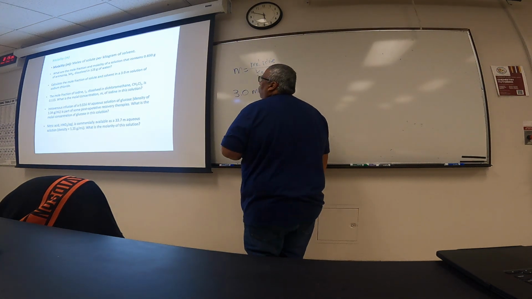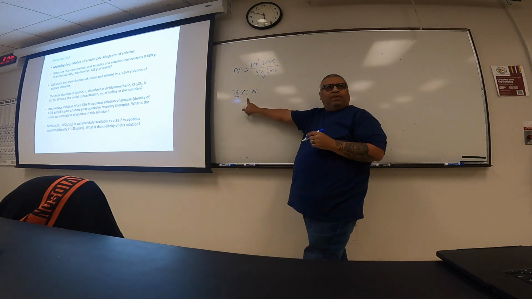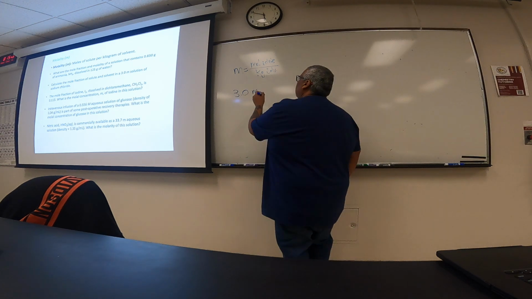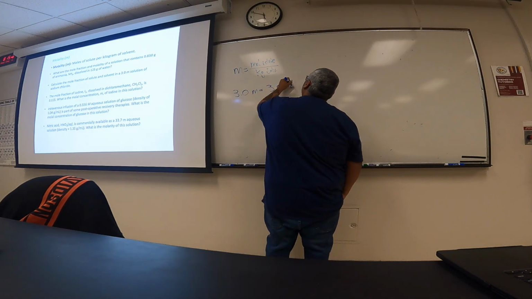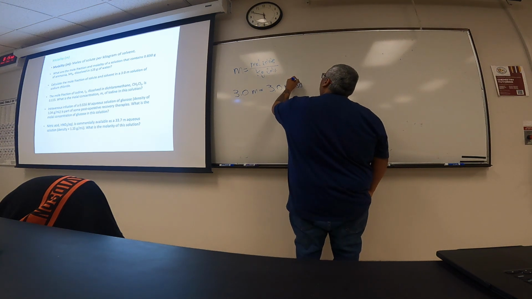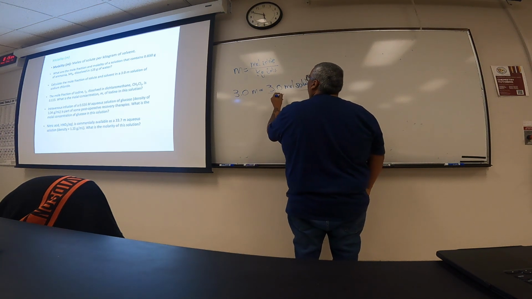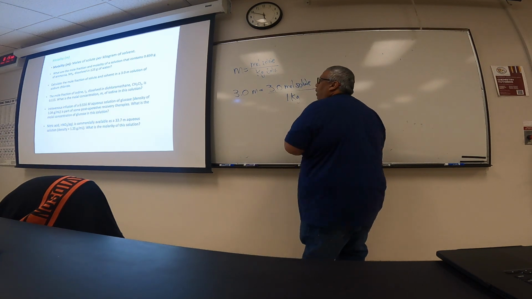So we have 3.0 molality. I'm going to convert this because we can't figure out what the mole fraction is until we understand what units are in molality. So I'm going to convert this into 3.0 moles of solute, which is the sodium chloride, over 1 kilogram.